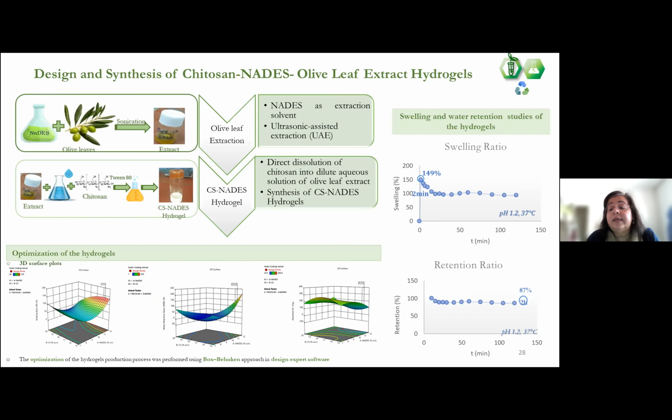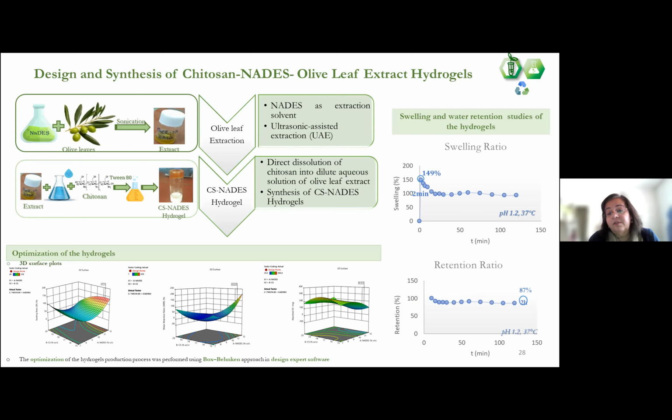Finally, what we do now is try to incorporate the nice olive leaf extract that I told you about a few minutes ago in chitosan hydrogels. So here what we do is just use NADES and nothing else for the preparation of the hydrogels. So no need to add other cross-linkers.